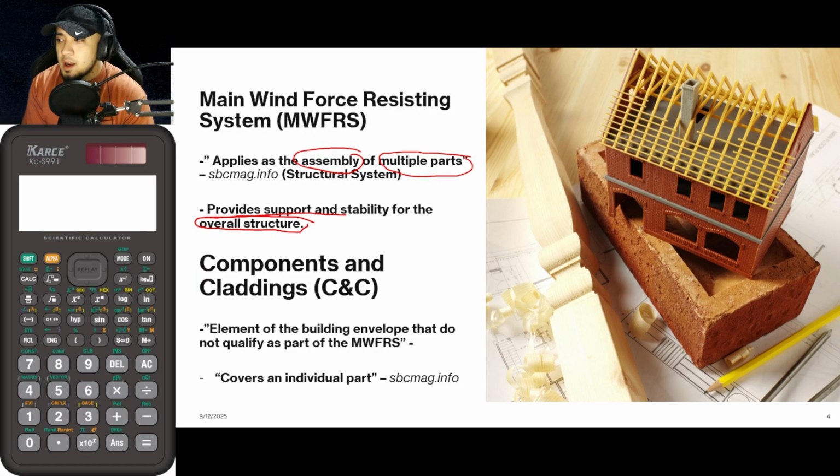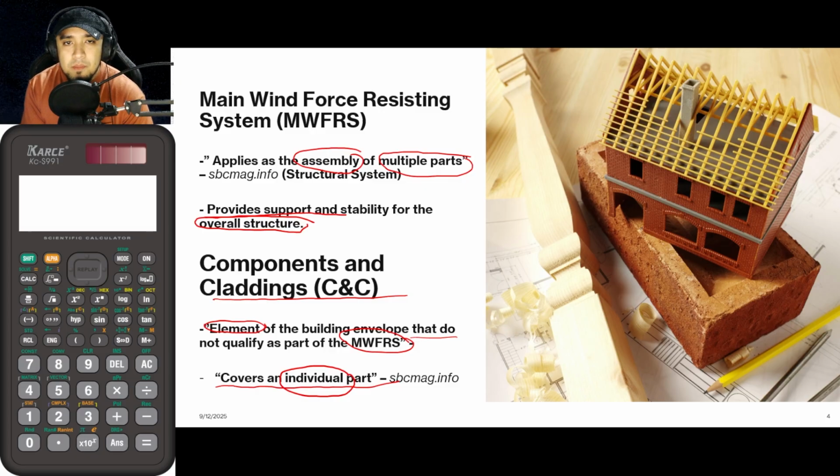In contrast, components and cladding, C&C, are the elements of the building that do not qualify as MWFRS, and in other words, this covers an individual part. So if you just read those statements, we could now say that for components and claddings, it is individual, and for MWFRS, it is an assembly or system. So parang by group siya.